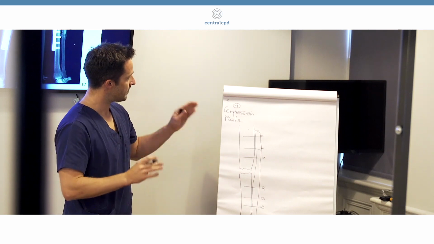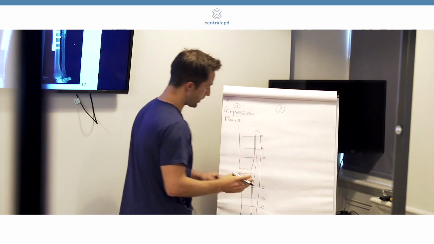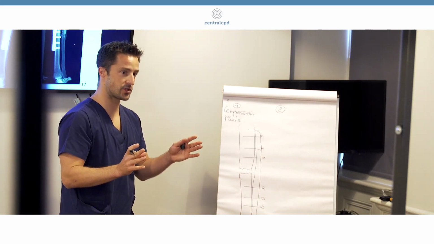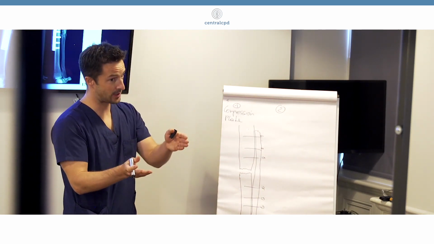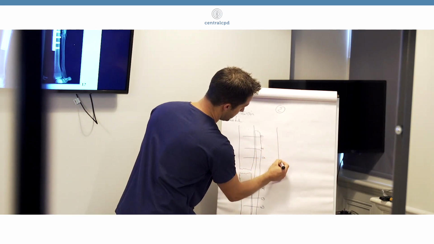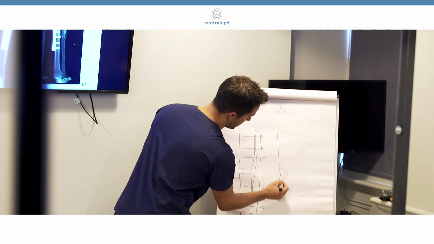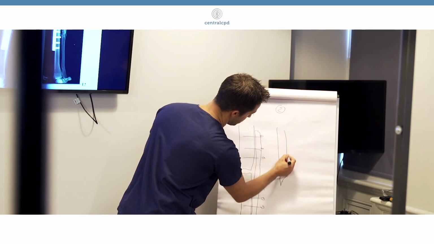The next type I would like to show you is when we have a fracture configuration which we can reconstruct but can't compress. An example for this would be typically when we have these butterfly fragments.